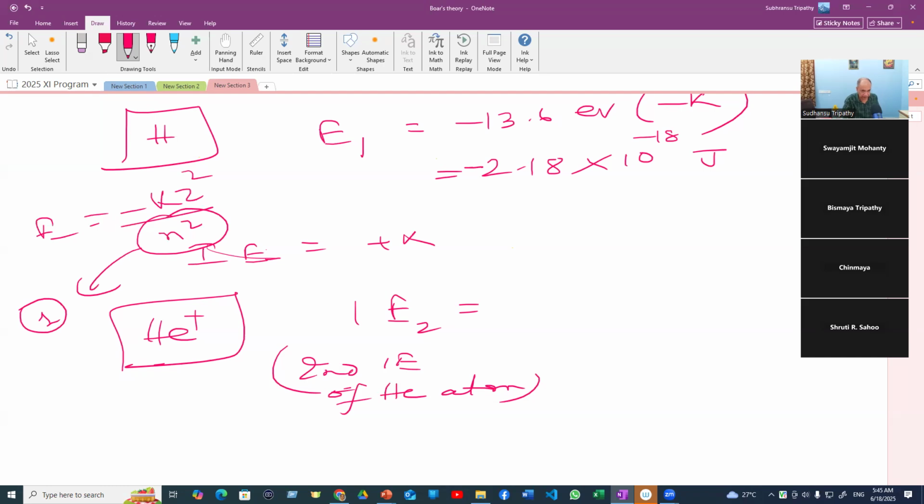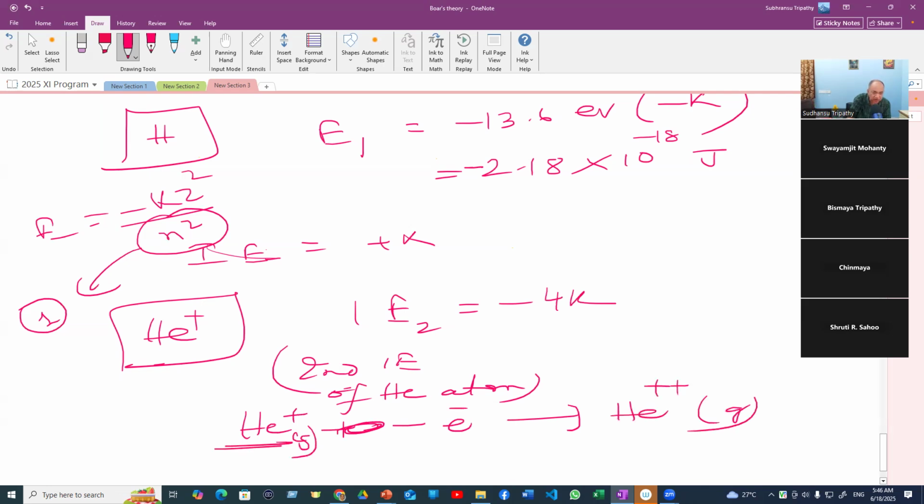Sir, 54.4. Obviously, it will be minus 4K, because Z for helium plus, or helium inside the nucleus, is 2, square is 4, so minus 4K. So 4 times more energy will be required to remove the only electron present in He plus to infinite distance, so that He plus will become He double plus, all in the gaseous state.